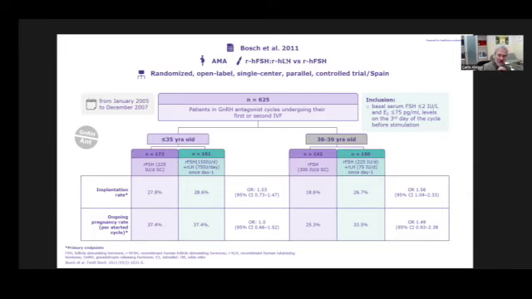And you can see something that, in my opinion, is very intriguing: in patients below 35 years of age, giving LH supplementation didn't change results in terms of both implantation and ongoing pregnancy rate.